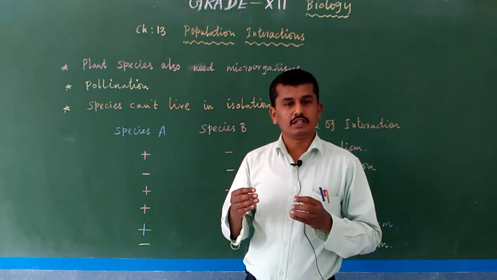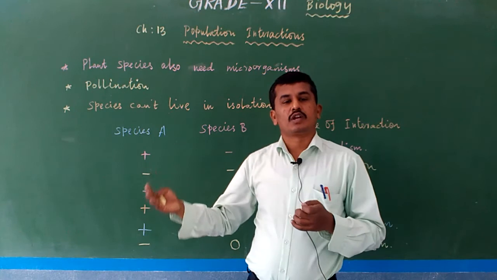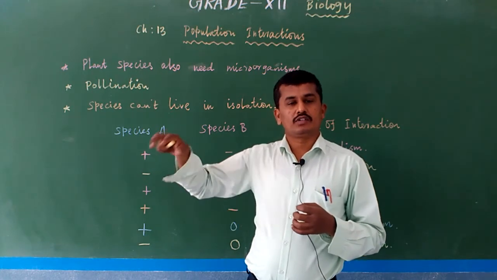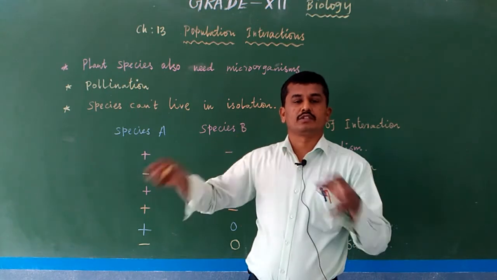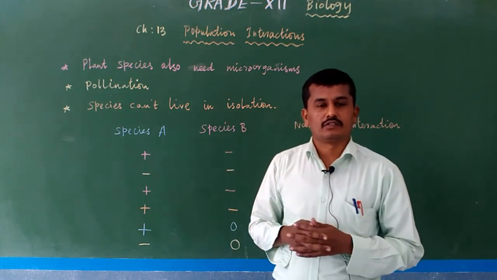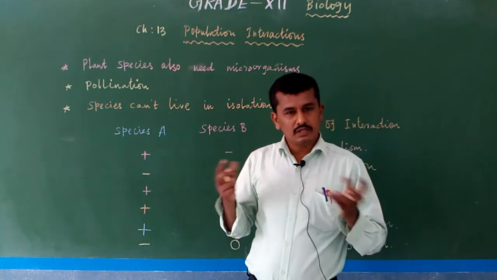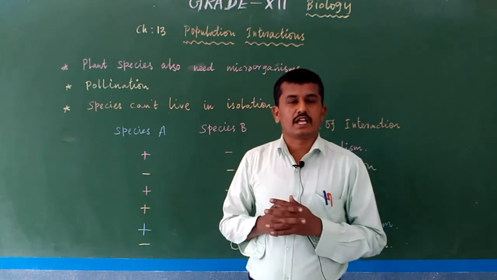So, human beings, that is Homo sapiens, depend on Oryza sativa. Between the Oryza sativa population and human population, some interactions are present because we get food from Oryza sativa, rice. So, between two populations, some interactions are there.